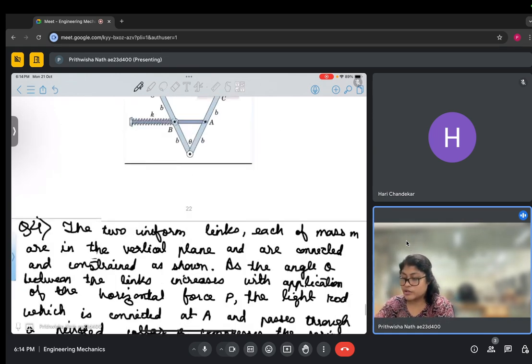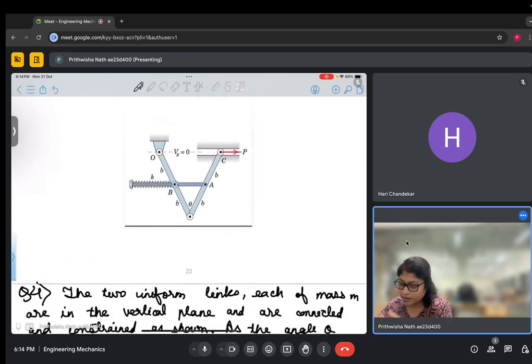So this is the question. We are asked to find out the force P which will produce equilibrium at angle theta.